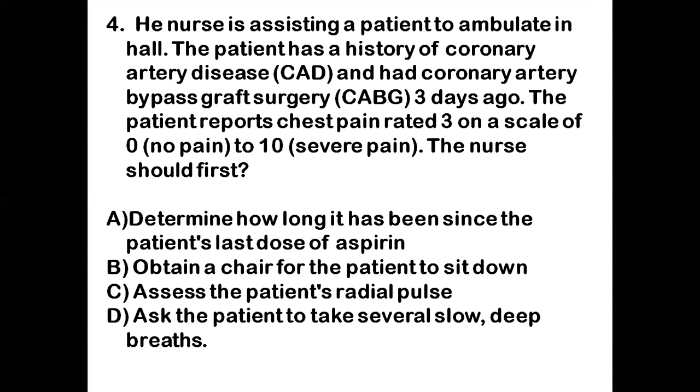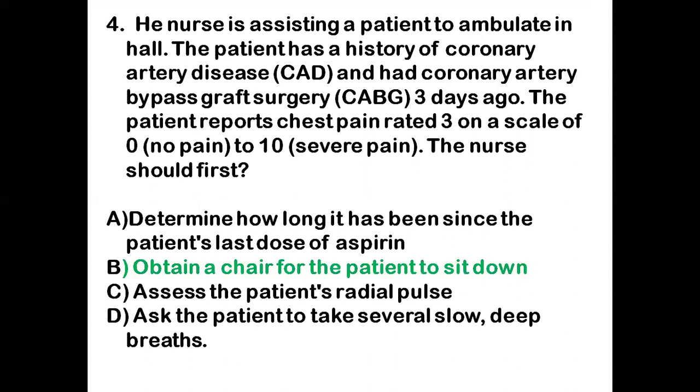Now the patient is complaining of chest pain while ambulating, that means walking time. So we know that the activity will increase the pain intensity. So the first step, what you have to do, you have to reduce the pain, control the pain, you have to stop the patient.